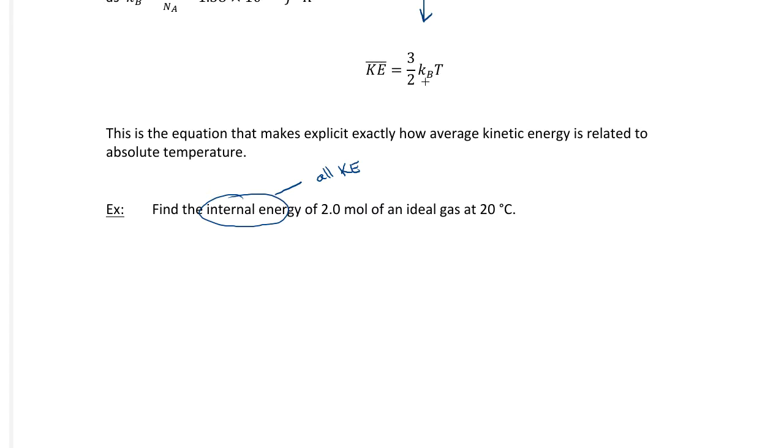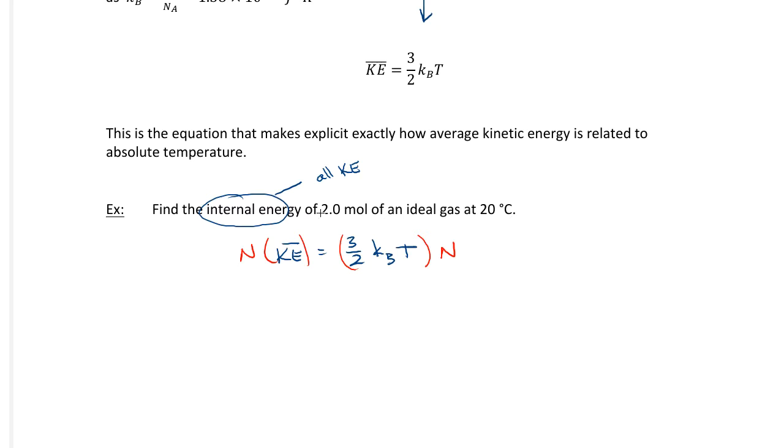And if this is the equation that gives us the average translational kinetic energy for a single molecule, we need to multiply that by the number of molecules. In other words, if we start from the equation that we're given above, we are going to need to multiply both sides of the equation by capital N, the number of molecules.